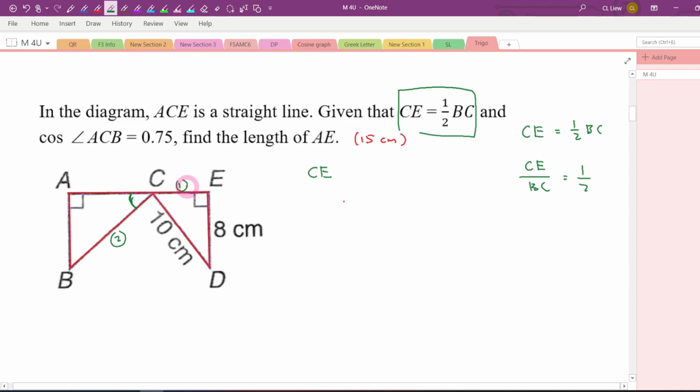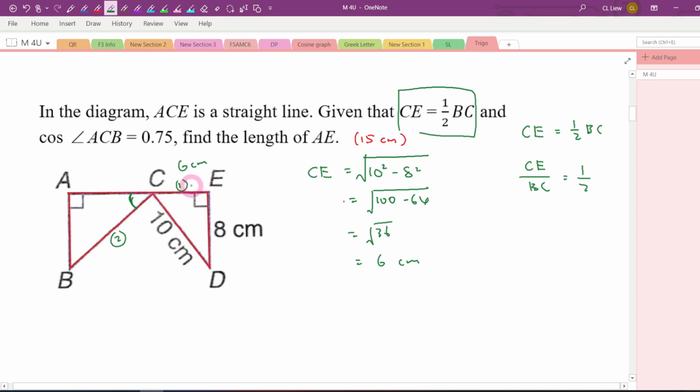Shorter side, right? So square root of 10 square minus 8 square. Square root this whole thing. So this is 36. Square root of 36, which is equal to 6. Now this is 6 centimeter.